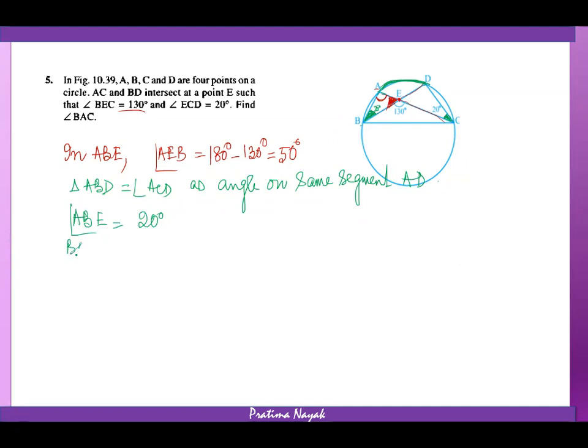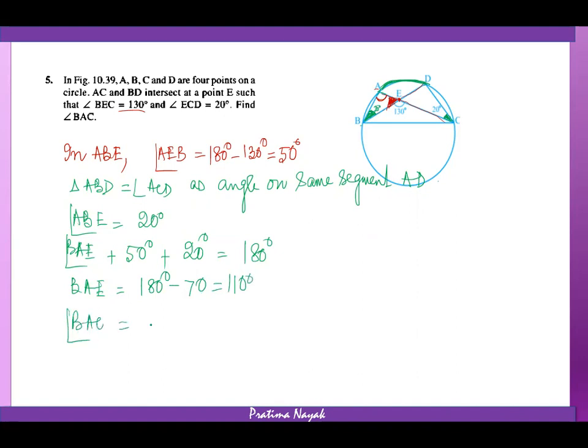So BAE plus 50 degree plus 20 degree makes you 180 degree. Or angle BAE, yeah, BAC, whatever it may be, it will be 180 minus 70, it will be 110 degrees. So BAE is same as your BAC. So BAC is equal to 110 degree. Got it?